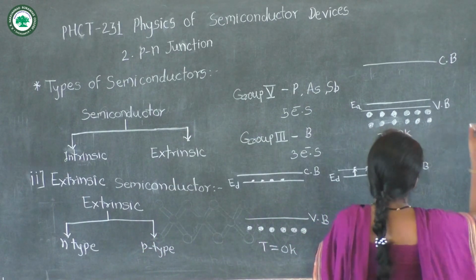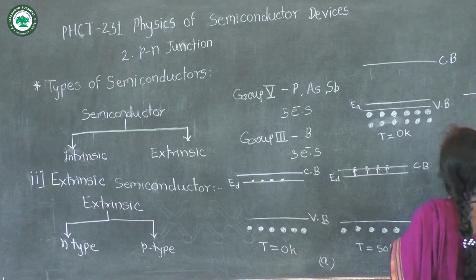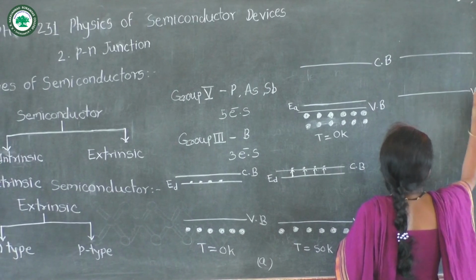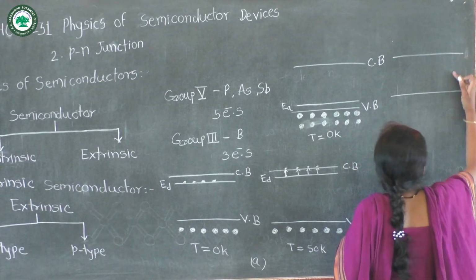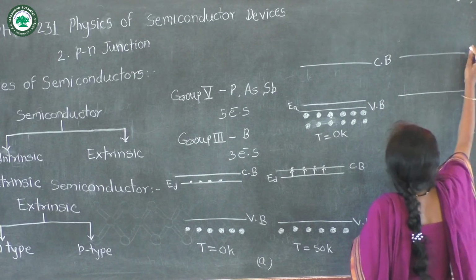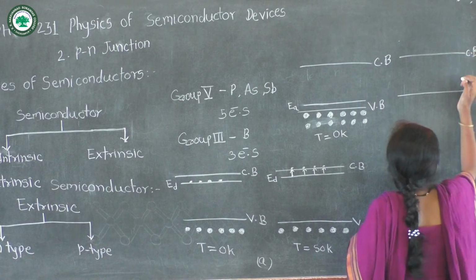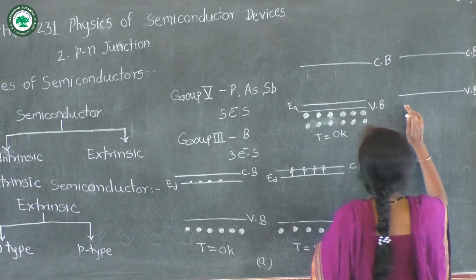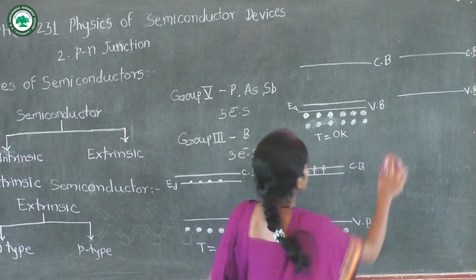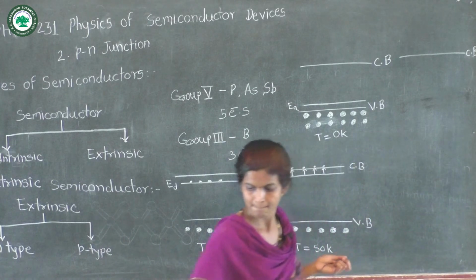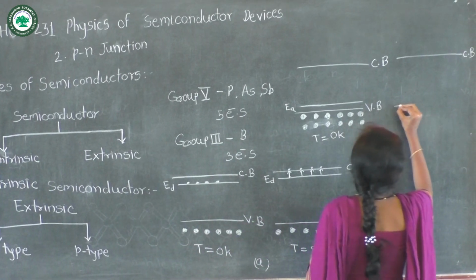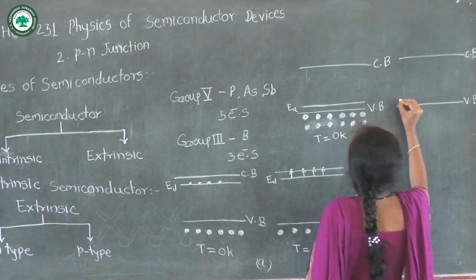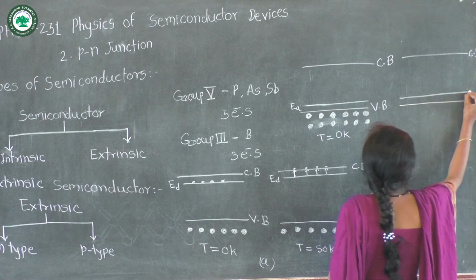When the temperature is slightly raised, this is the valence band edge, this is the conduction band edge, and this is the acceptor impurity level.